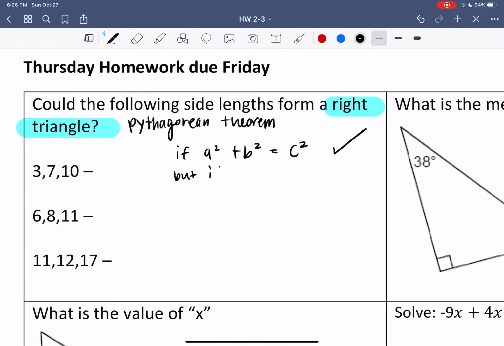But if a squared plus b squared do not equal c squared, you do not have a right triangle. So you'll have to substitute these numbers.